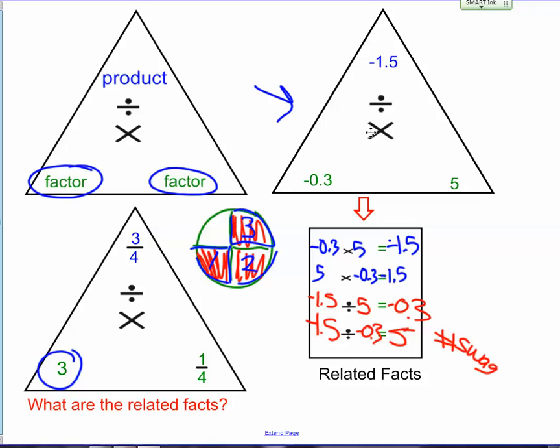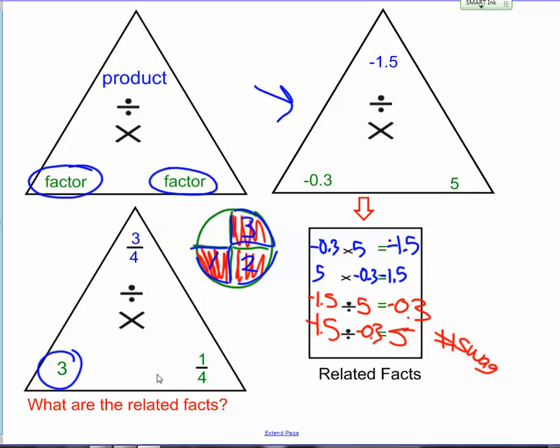That's the meaning of it. So 5 times -3/10 is -1.5, and then the division is true also. -1.5 divided by 5 is -3/10, and -1.5 divided by -3/10 is 5. That means there's 5 groups of -3/10 in -1.5.